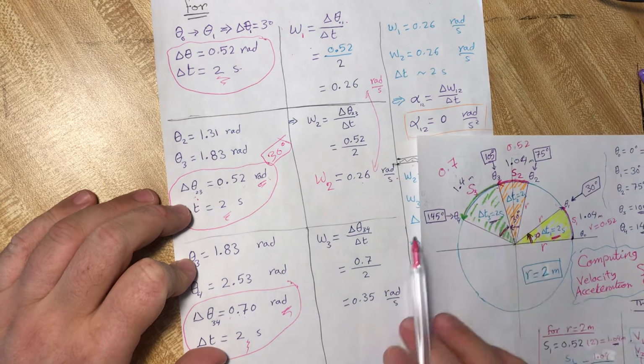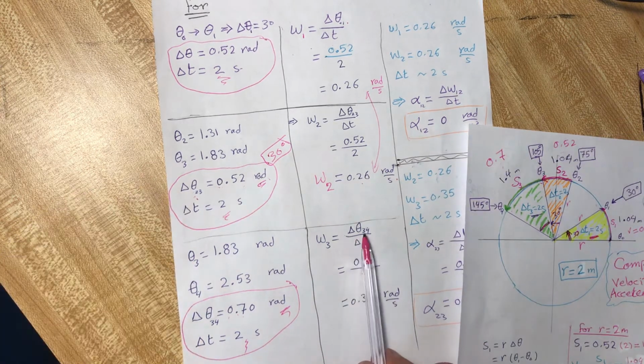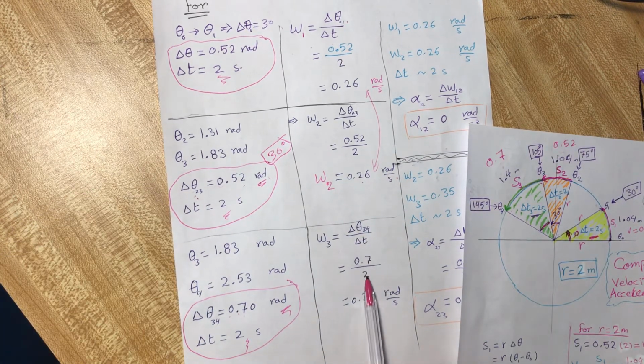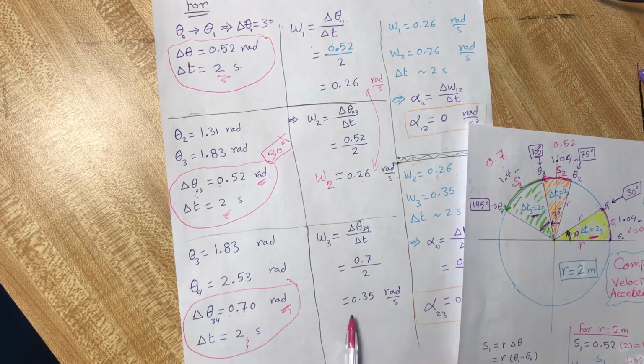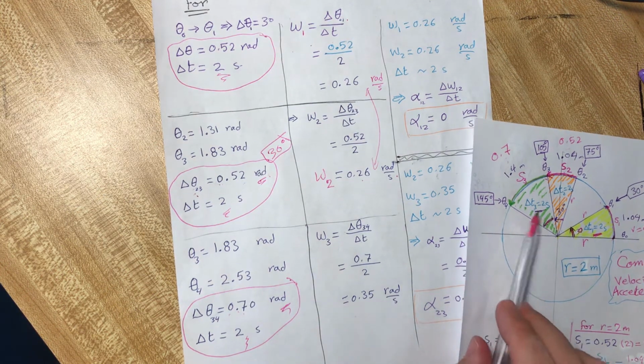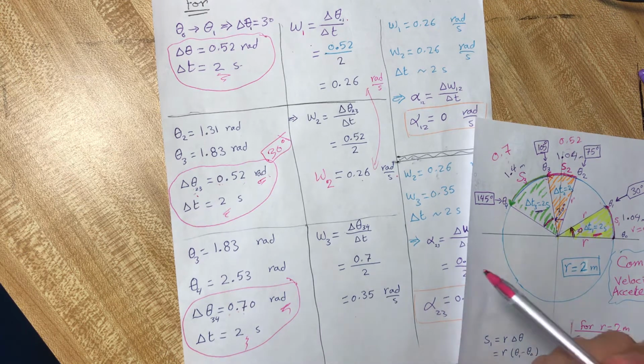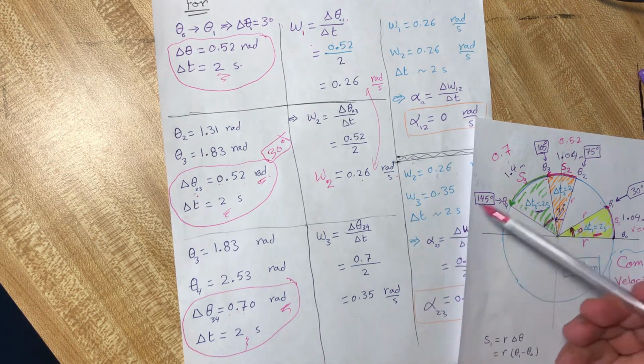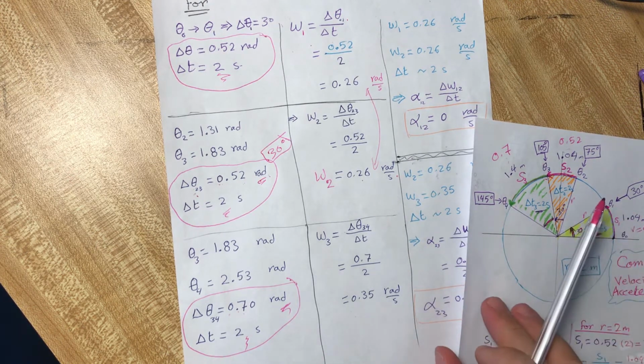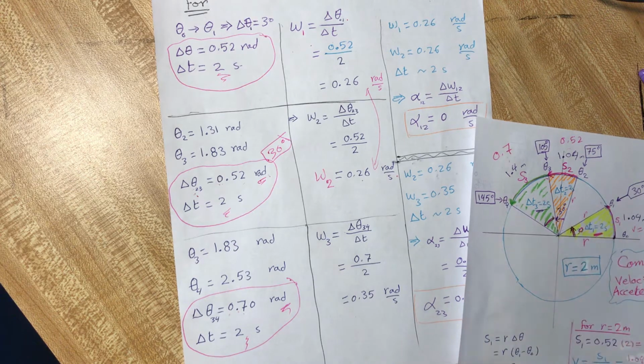We have more velocity. So delta theta between 3 and 4 over the time period will be 0.35 radians per second. We have a change in angular velocity in the third section, so we have acceleration between this section and the section before.